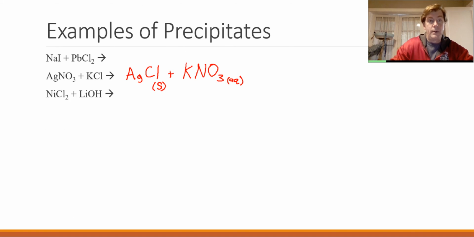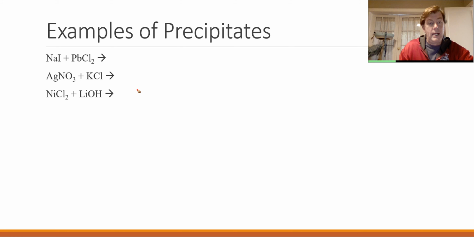So let's try another one. We've got nickel chloride and lithium hydroxide. So again, double displacement. Nickel has a +2 charge, so it's going to take 2 hydroxides.